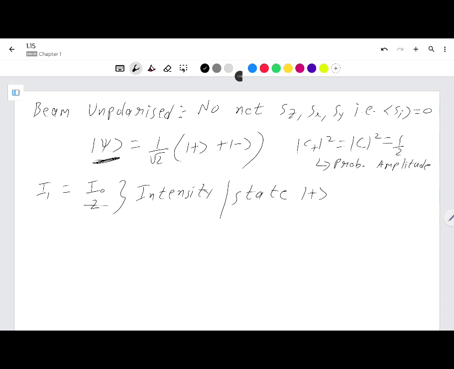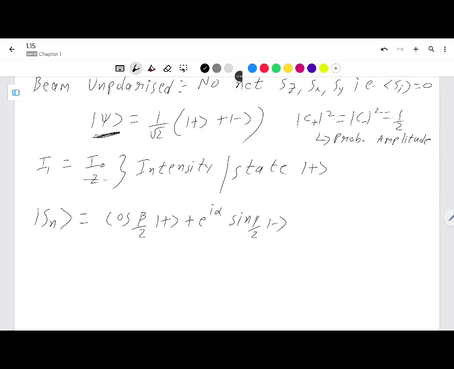Next, this state is now filtered through a state. We just say it like this. From previous exercises, we know how this is represented. Since the n is only in the xz plane, your alpha becomes 0.